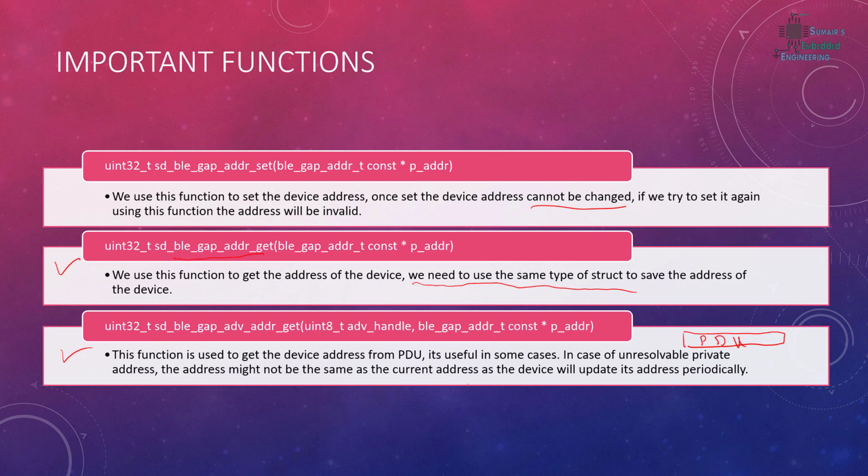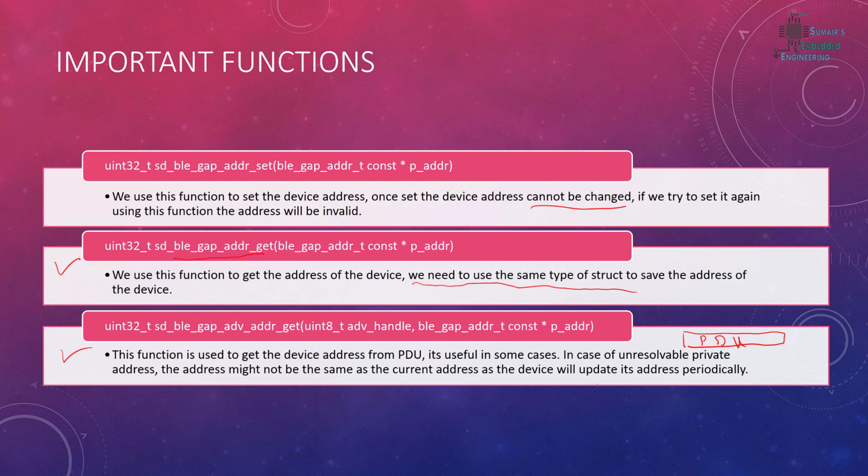We should also know that in the case of an unresolvable private address, the address might not be the same as the current address, as the device will update its address periodically. So, for example, we retrieve the address of the device, and maybe it is not the same anymore because of the timeout value. The device's address changes after some timeout value. If we want to see the address of our device from the PDU, we can check it with the help of this function.